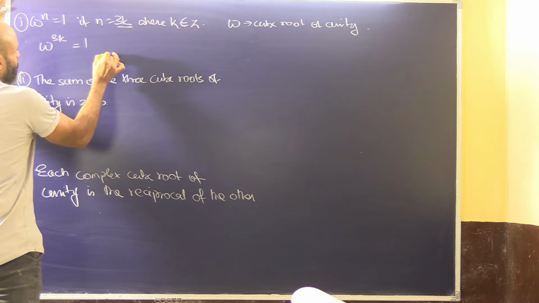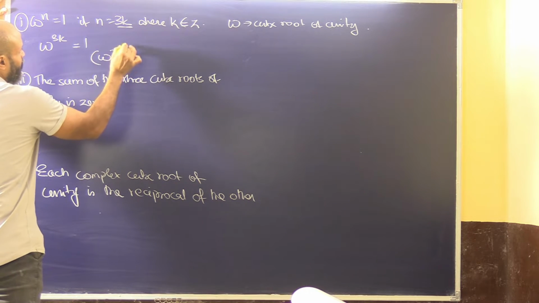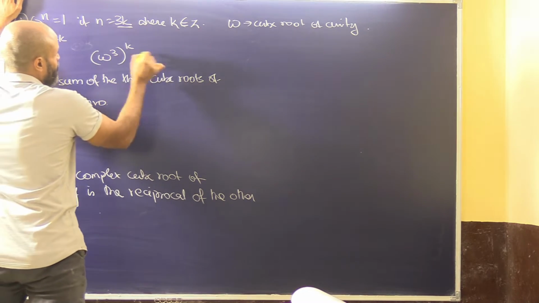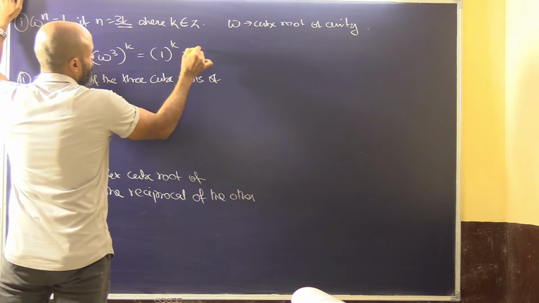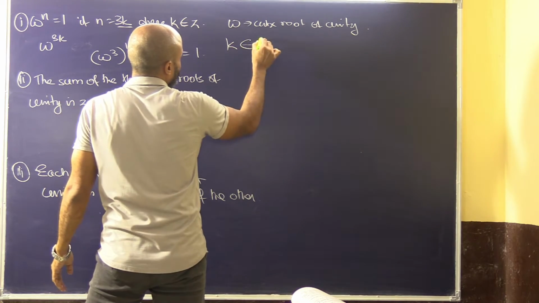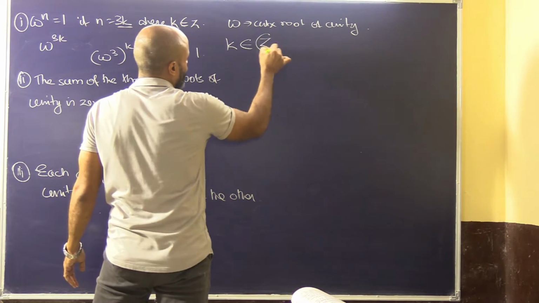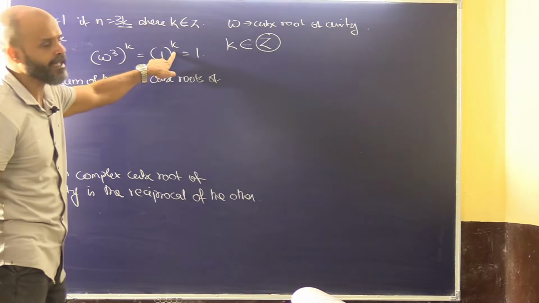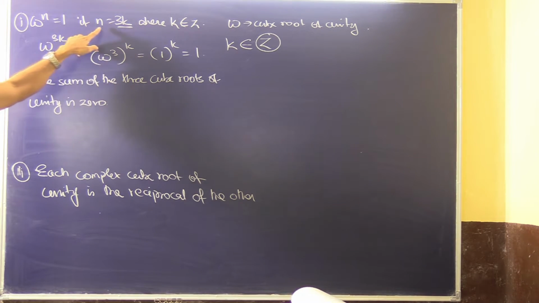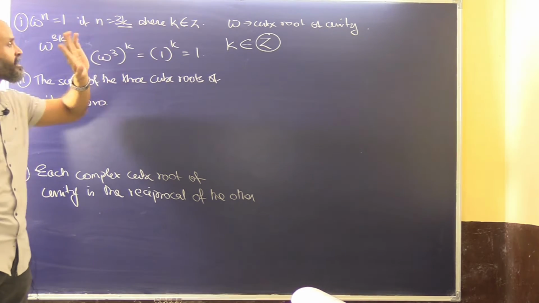We know that omega cube to the power of k will mean 1 to the power of k, which obviously will be 1. k can belong to any integer set. See, omega to the power of n is equal to 1 if n is equal to 3k, where k belongs to any set of integers.